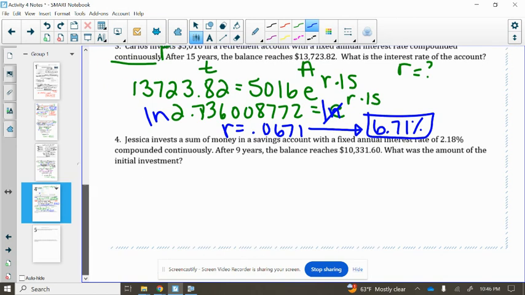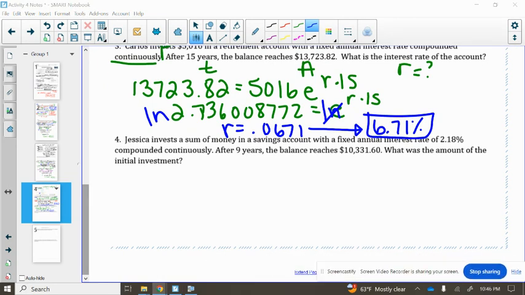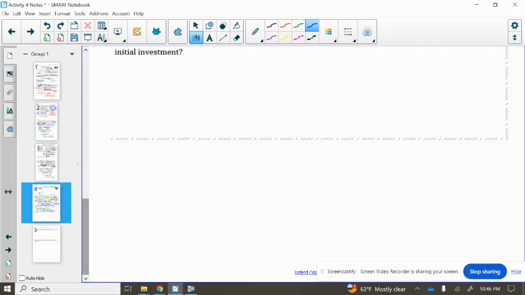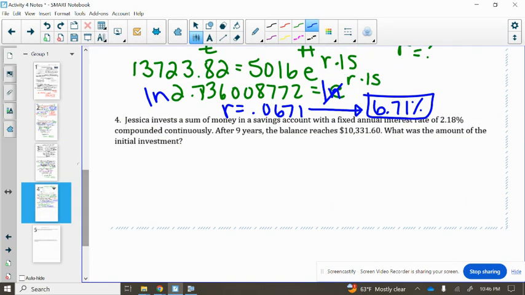All right, last but not least, we have Jessica, who is investing a sum of money into a savings account. This time she has a rate on the account of 2.18%, compounded continuously, so we know we're using this formula. After 9 years is our time, and we know our final balance, and we want to work backwards to figure out what is our starting balance. What's that initial p-value?